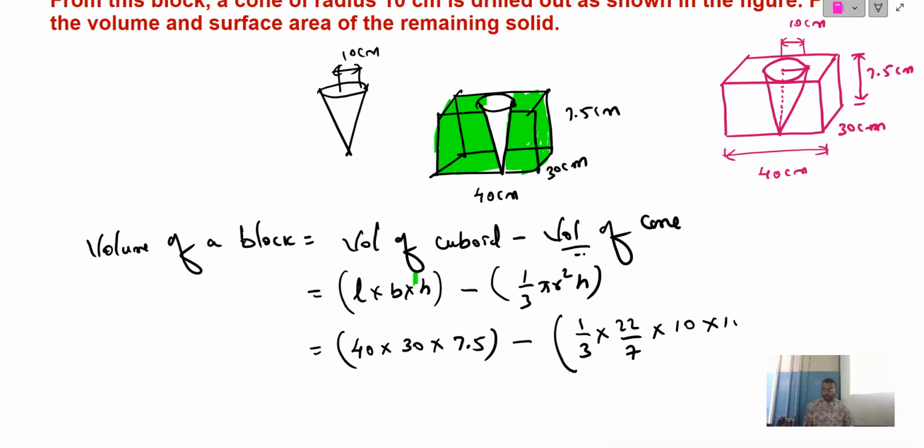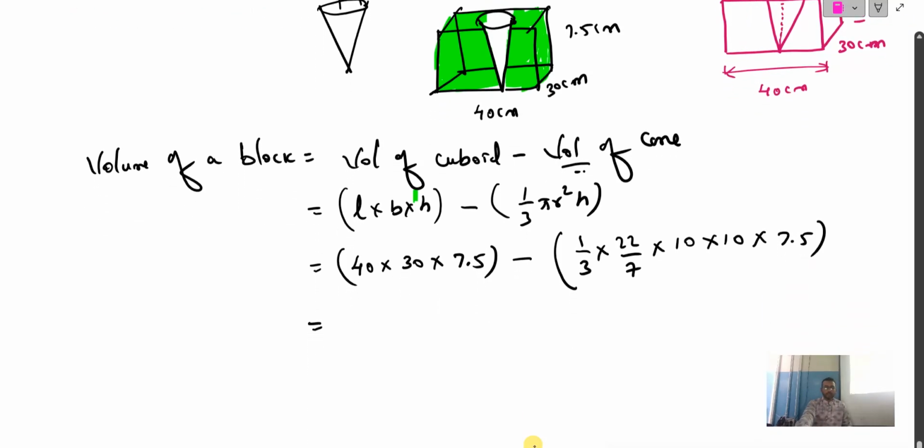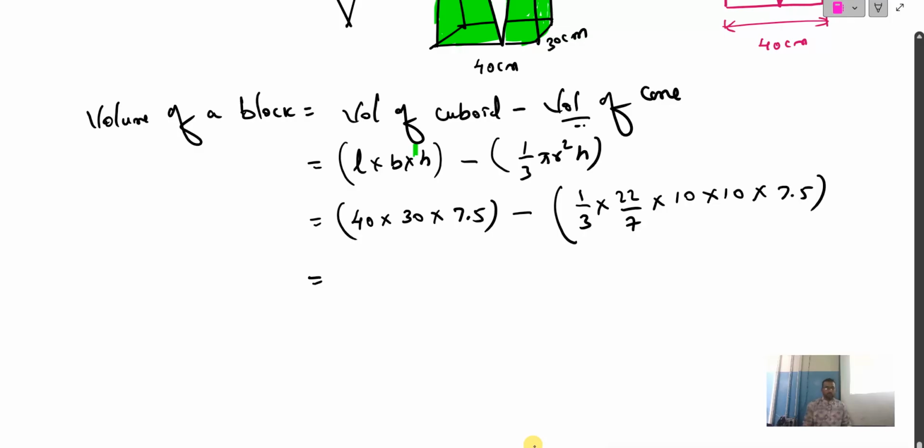Anything cancelable here? 3 ones are 3, 3 twos are 6, point as it is, 3 fives are 15. Cancelable? Now 22 by 7 is 3.14, into 10 into 10 is 100, into 2.5. Isn't it? Then 9,000 minus 3.14 into 100 into 2.5.